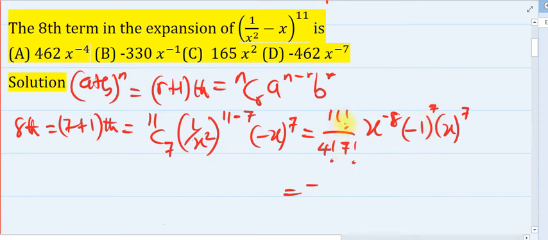So minus 11 factorial over 4 factorial 7 factorial. 11 factorial is 11 times 10 times 9 times 8 times 7 factorial. So that 7 factorial will cancel out, remaining 4 times 3 times 2. And minus 8 plus 7 is minus 1.